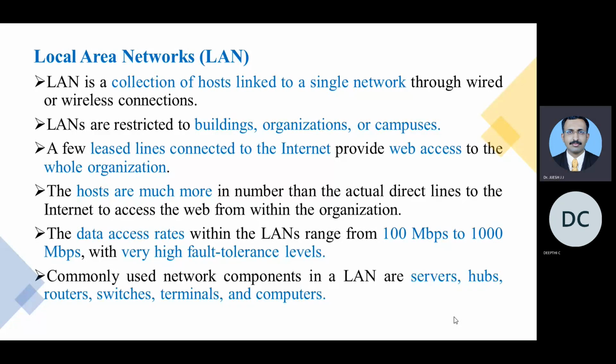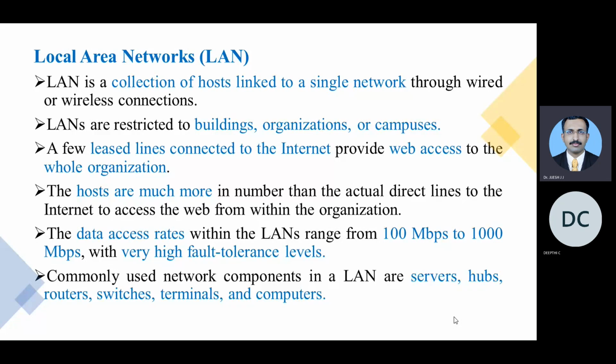The speed of operation is almost 100 Mbps to 1000 Mbps, and very high fault tolerance levels are there. These are some of the advantages of using a LAN connection. If I give you Wi-Fi and if I give you a LAN connection, which one will you use for data transmission? LAN, because of the high speed, and it is reliable.